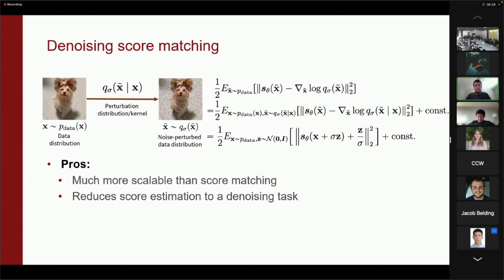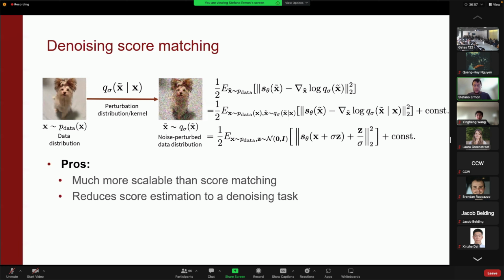Essentially, the best way to denoise an image is to follow the gradient of the log likelihood of this noise perturbed distribution q sigma and try to go towards higher probability regions. That's where the connection between scores and denoising shows up. That's great because denoising is a relatively simple problem. We can train neural networks to solve denoising tasks, and by doing that, we're learning the score.